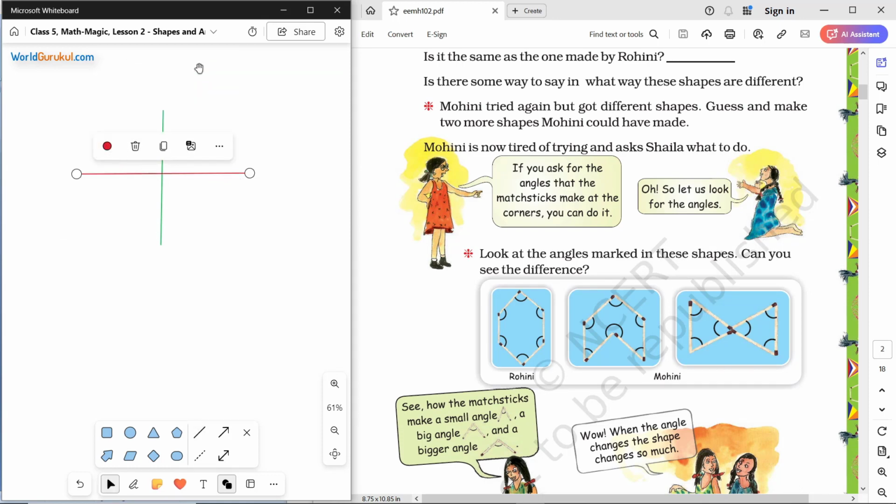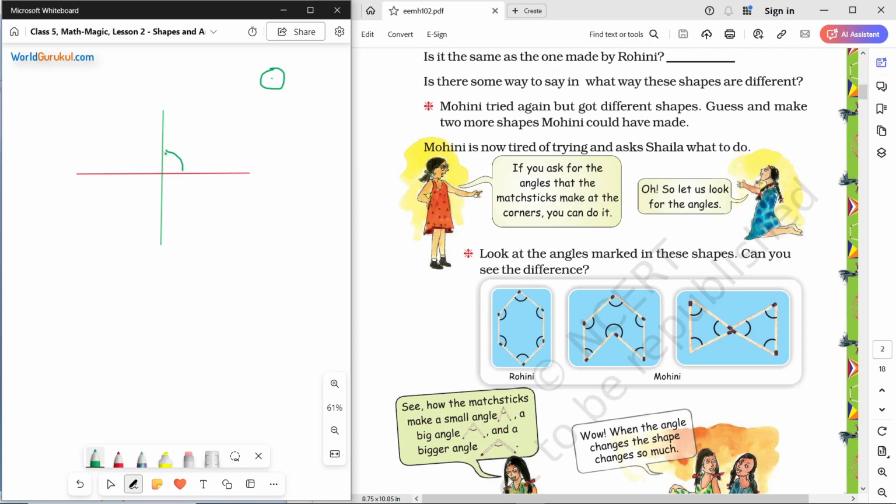And this line is intersecting the first one. So here we see the angles are formed. Space between these intersecting lines is called angle. And this is measured in degrees. A dot or the round complete will have 360 degrees.